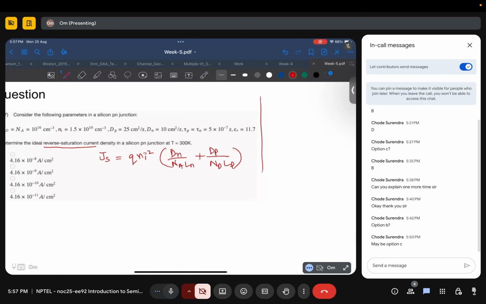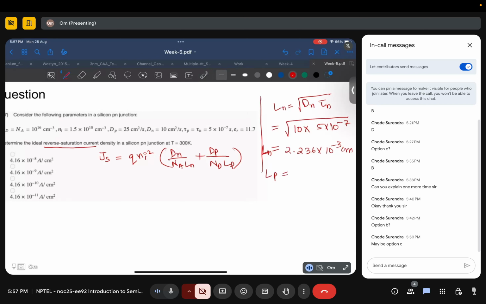And Ln is under root Dn tau n, which if you substitute the values, Dn is 10 and tau n is 5 into 10 to the power minus 7. So if you solve this, this comes out to be 2.236 into 10 to the power minus 3 centimeter.